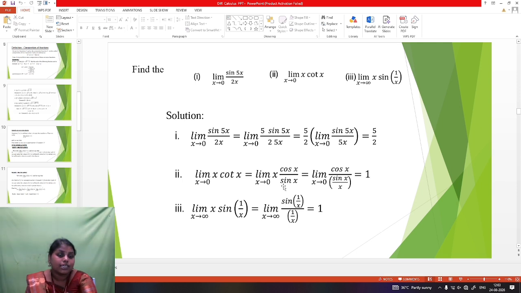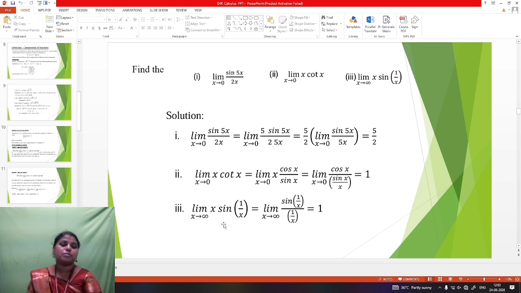Using the standard result, the limit as x tends to 0 of sin x by x equals 1, and cos 0 is also 1. So 1 by 1, the answer is 1.